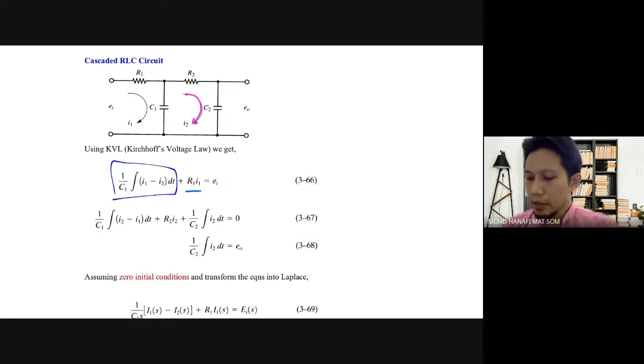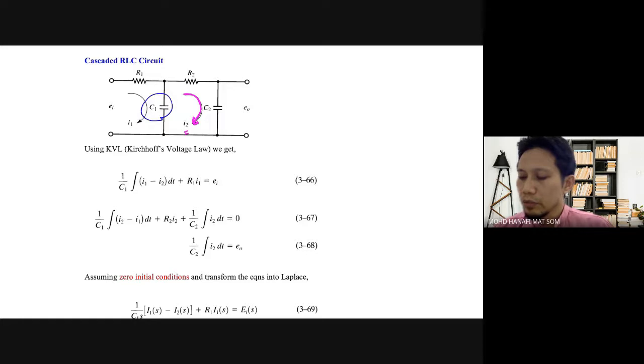Done. Next, let's focus on the second equation. The second equation comes from this loop, I2. In this loop we have three components to consider: C1, R2 and C2.